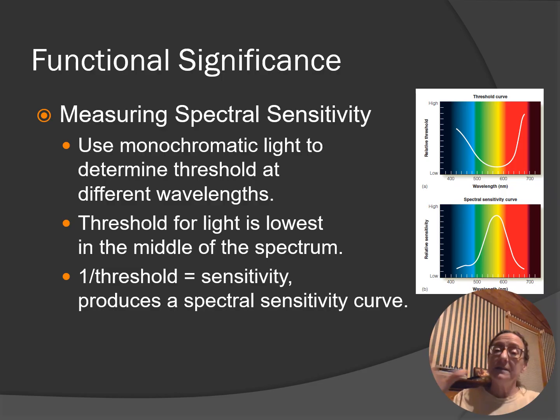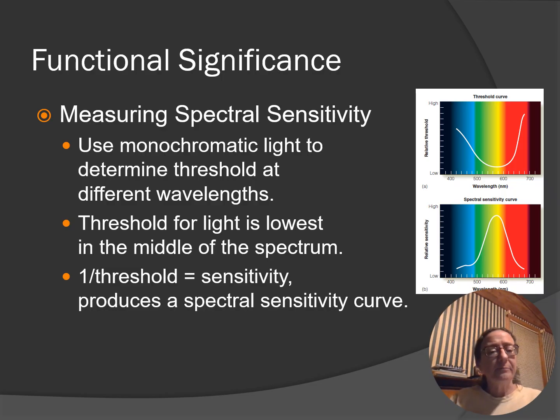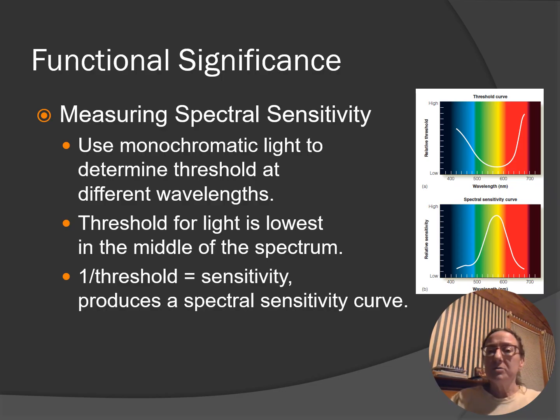So we can take 1 over threshold and get sensitivity, or get a sensitivity curve. And a lot of times they talk about it as the absorption levels of the rods or cones, where they do their maximal absorption of these photons of light.